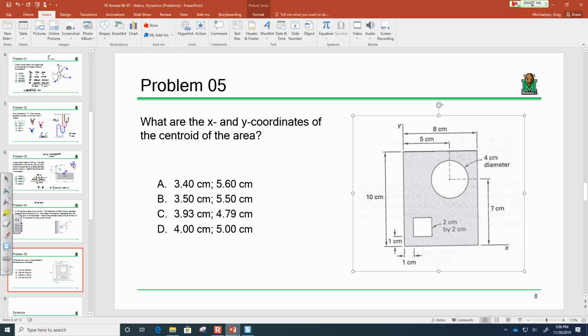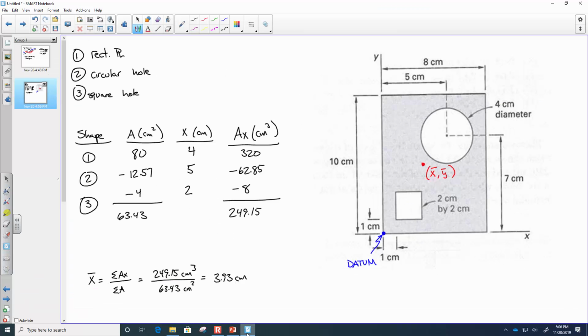If you would like, you could set up a completely separate table and do this again, only instead of 4, 5, and 2, what are the numbers for the y-coordinates? How far is it from the datum to the center of the plate, up and down? 5. How about to the circular hole? 7. And this is going to be 2.